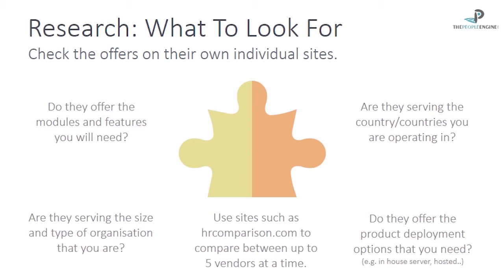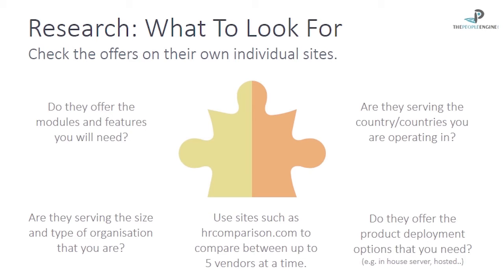What you need to look for on the offers that you get from the vendors are they offering all the modules and features you need? Are they serving the type of organizational size that you are? You can use some sites such as HR Comparison where you can actually compare between vendors up to 5 at a time. Are they serving the countries or the territories that you're operating in?